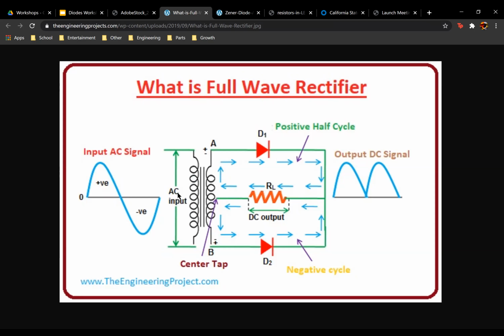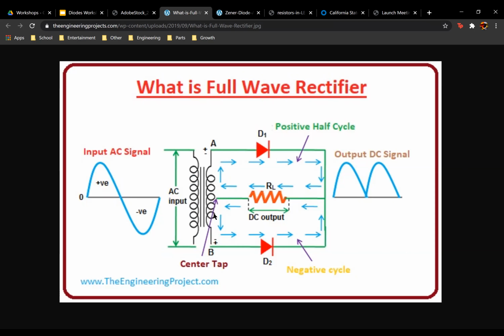One of the practical applications that we use diodes for is a full wave rectifier. With the full wave rectifier, our goal is to have an AC input signal and a DC output signal. I'll explain the whole circuit right now. We have our AC input, and this is a transformer. These coils represent a transformer, and it's center tapped.